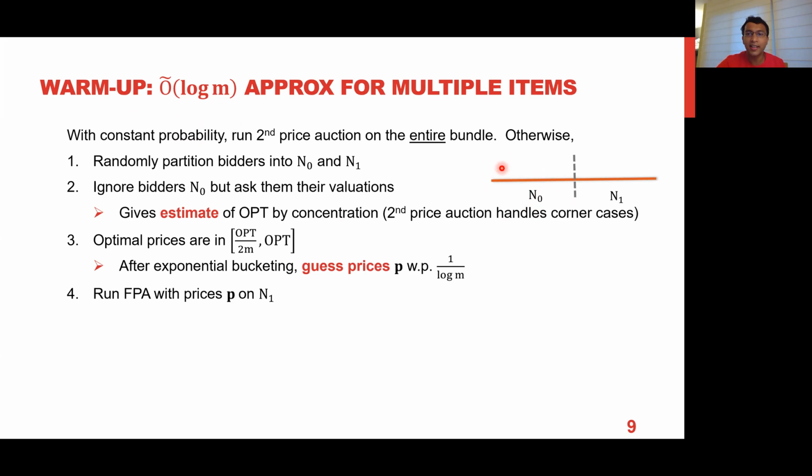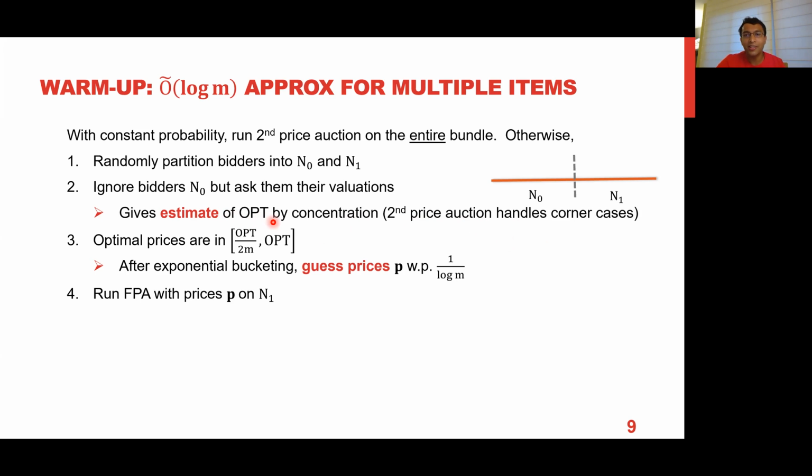You just conduct a survey on them, ask them queries, and run offline algorithms to get an estimate of the value of the optimal welfare. So you ignore all the bidders in N0 but ask them their valuations, which gives you a constant factor estimate of opt, simply by concentration. There are some minor corner cases which are easy to handle, but let's ignore that.